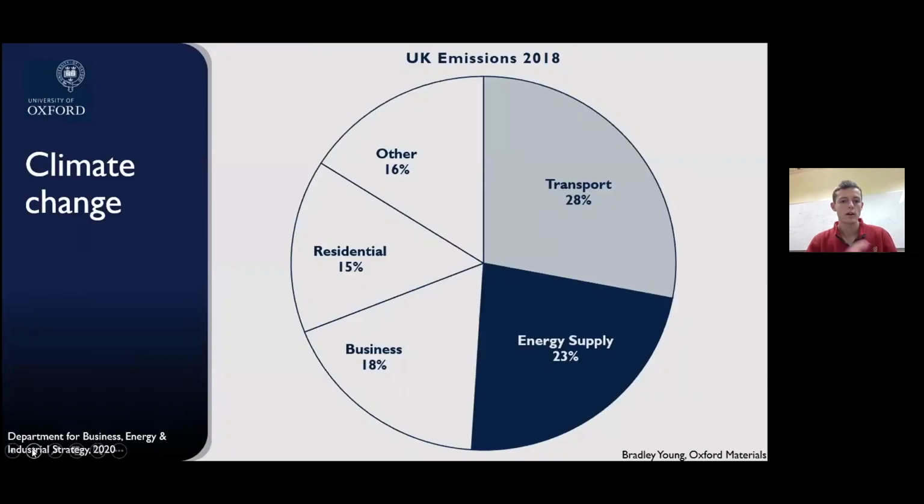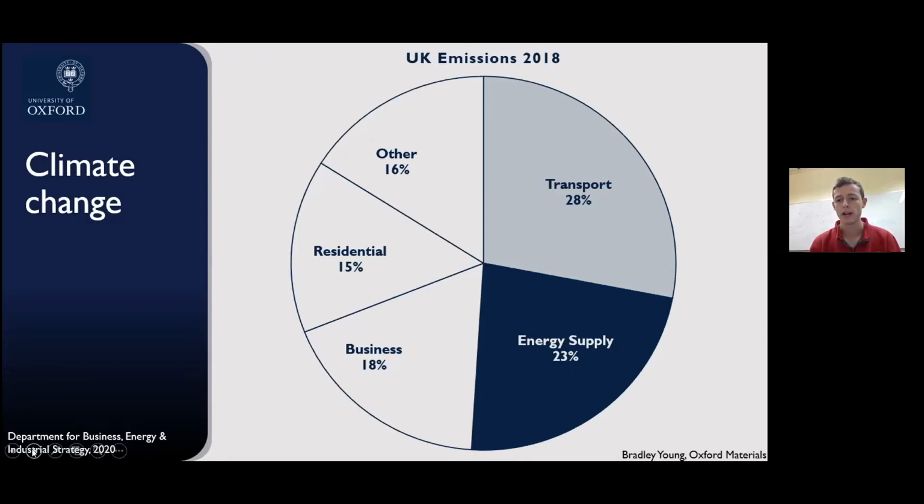So firstly, why are we trying to develop nuclear power? The main reason, as with huge amounts of research that are going on in universities at the moment, is around the topic of climate change. Nuclear power does present a low carbon form of energy production, and that's really important because, like this graph here shows from the UK government, energy supply accounts for huge amounts of our emissions in the UK.